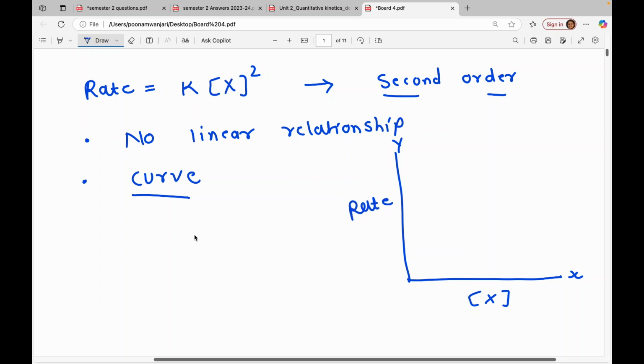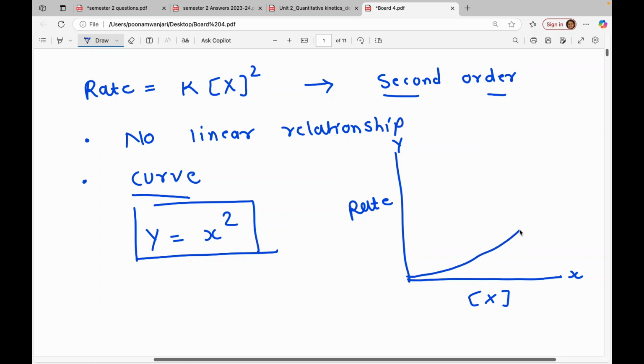If you see the relationship mathematically, student, this is a quadratic relationship, y is equal to x square. When there is a quadratic relationship between the x and y axes, the correct graph will be an upward sloping curve passing through the origin. So this is our correct graph.